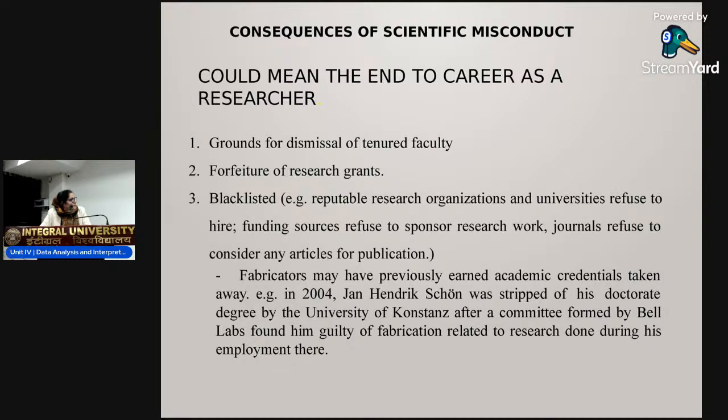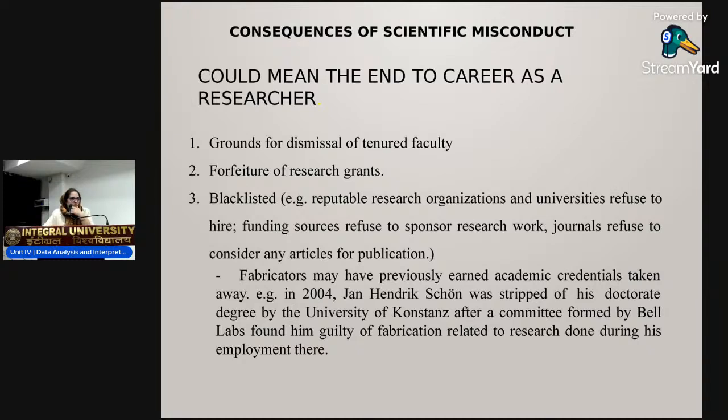All right, so consequences of scientific misconduct. It could mean the end to a career as a researcher. The end, okay. Yeah. So you cannot say that the picture is still left, because it is not left. It could be the end for a scholar especially, because they are just starting their career.